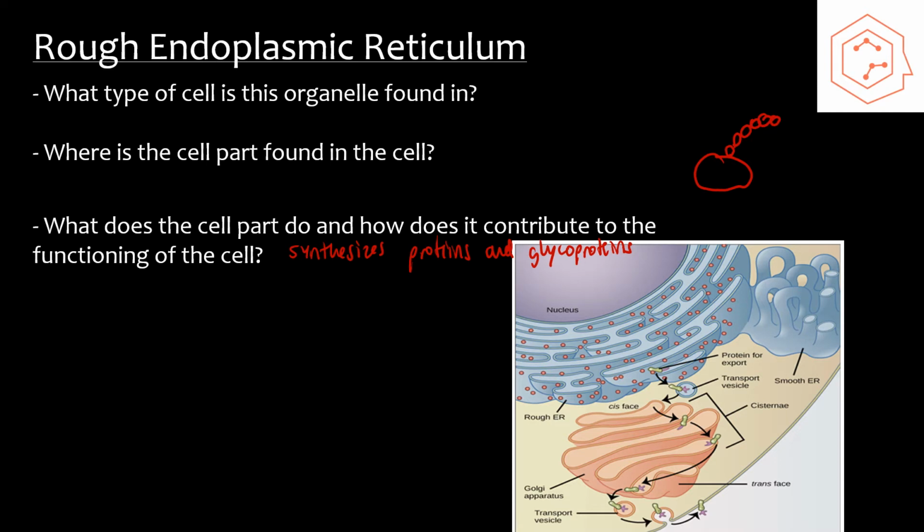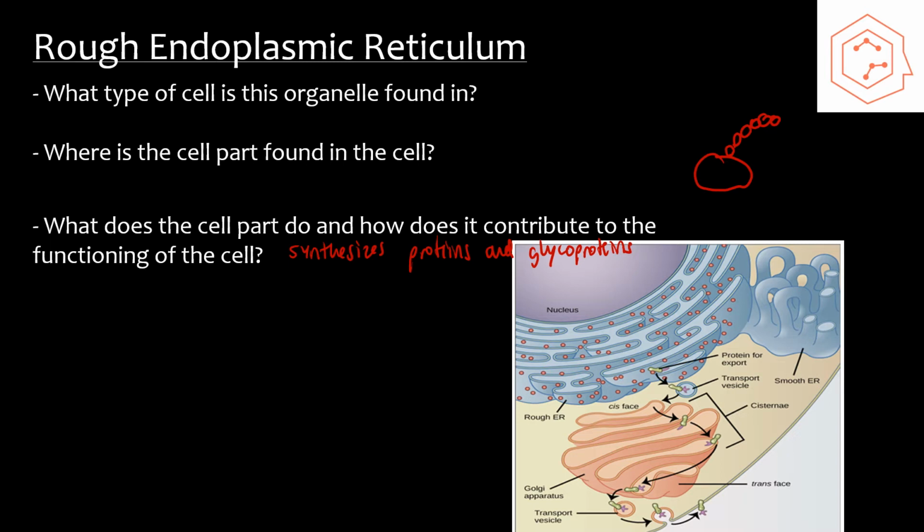The proteins synthesized include the proteins of the endomembrane system, proteins that are embedded in the outer cell membrane, and proteins that are secreted from the cell. These include protein hormones and enzymes.